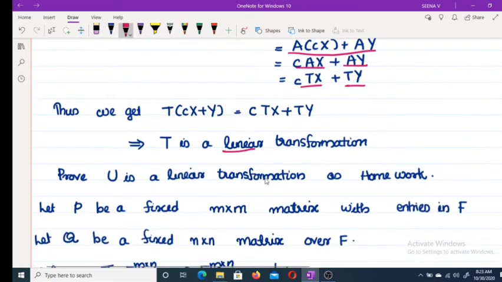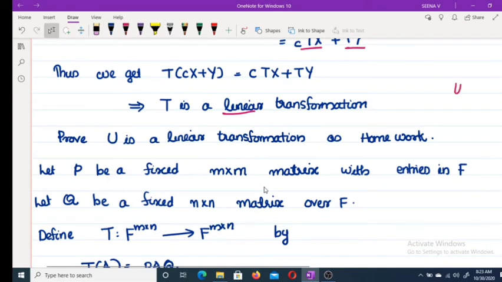Now what about U? U is defined as U alpha equal to alpha A. What is alpha? Alpha belongs to F^m, and F^m is ordered m-tuples, whose matrix form is a row, F^(1 by m).